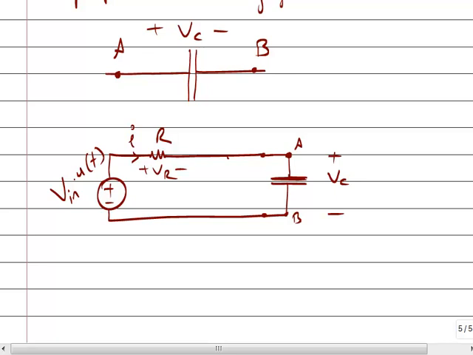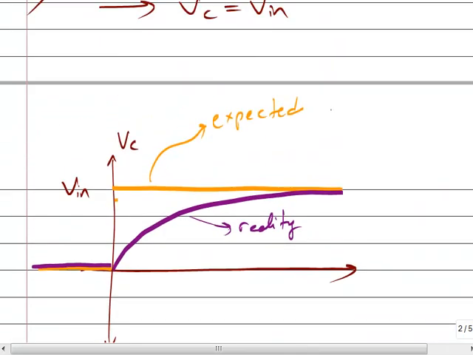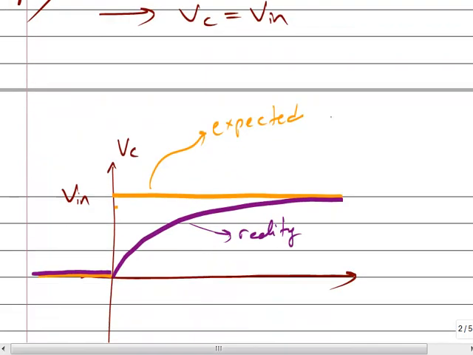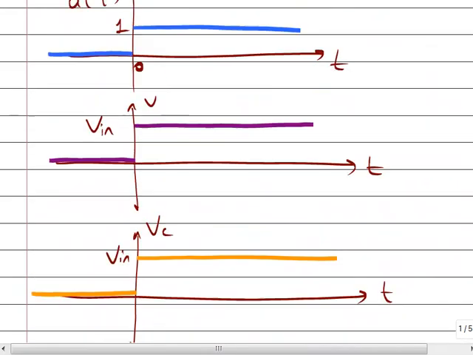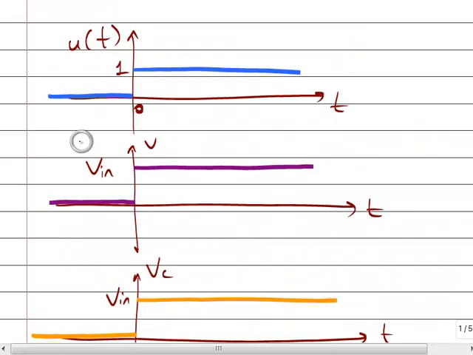So let's try to find the shape of the voltage on the capacitor. Look at the voltages. This is the voltage of the source.